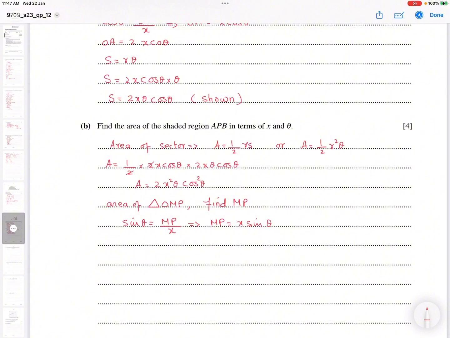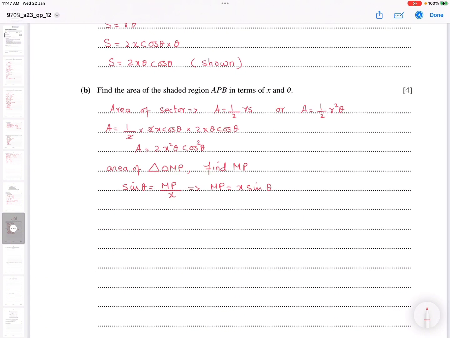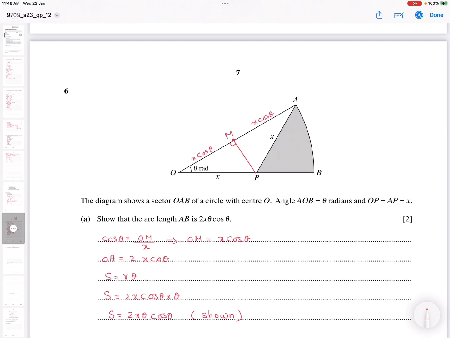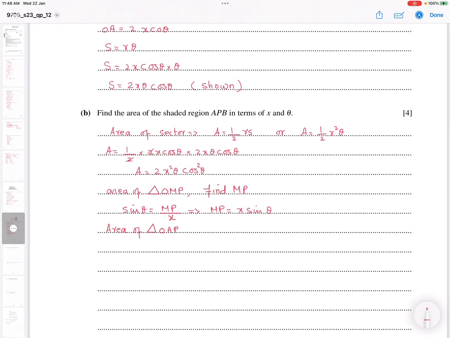Now, area of triangle OAP. Where is OAP? You can see this, OAP, this white triangle, the big one. Area is equal to 1 over 2 into base into height.